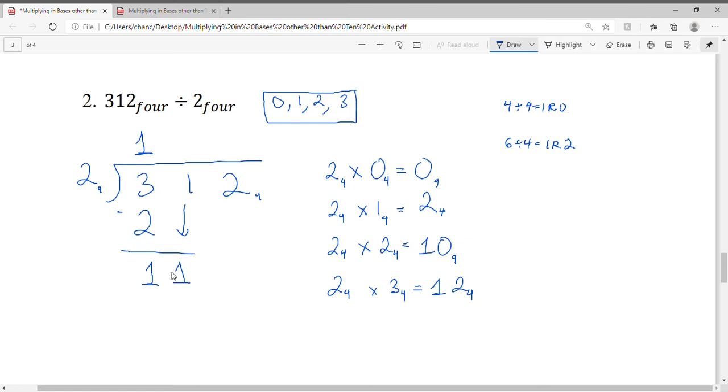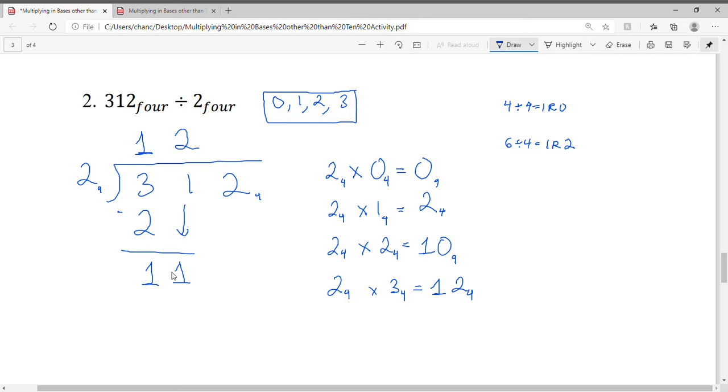Now we're going to figure out 2 times what gives me very close to 1, 1, base 4. Well, if I look at my chart, if I go 2 times 3, that's too big. If I go 2 times 2, that's pretty close, so we'll use a 2. So let's put a 2 up here. Multiply 2 times 2, that is going to give us 1, 0.